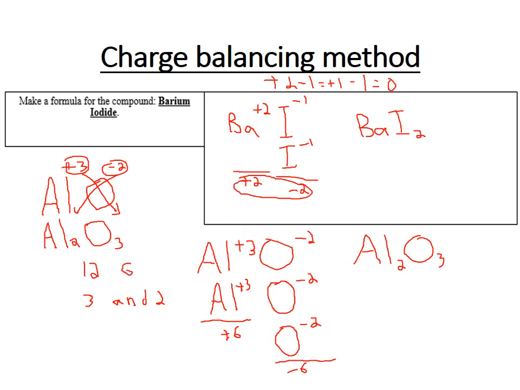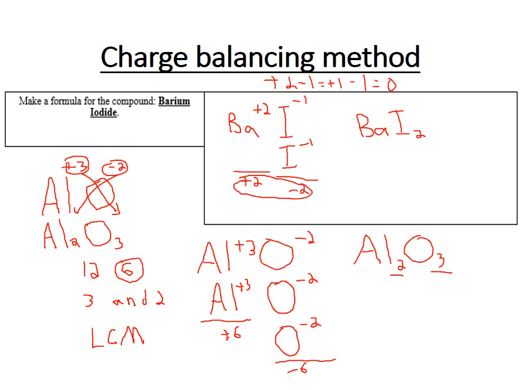For example, 12 is a multiple of 3, and it's also a multiple of 2. 6 is a multiple of 3 and also a multiple of 2. But the purpose here is to find the least common multiple so you can get the simplest ratio, because remember, you'd have to reduce otherwise. The least common multiple, sometimes you'll see it spelled as LCM, between 2 and 3, is 6.